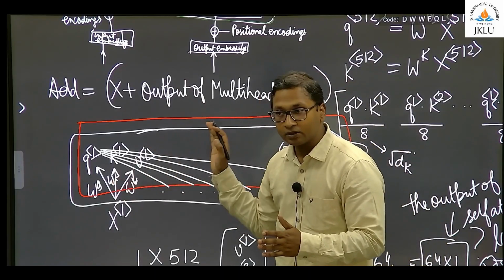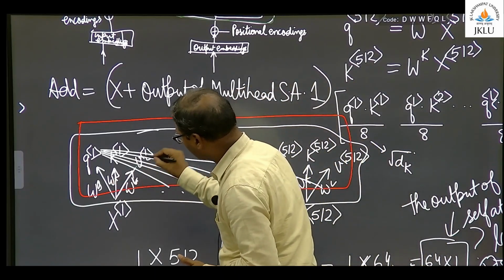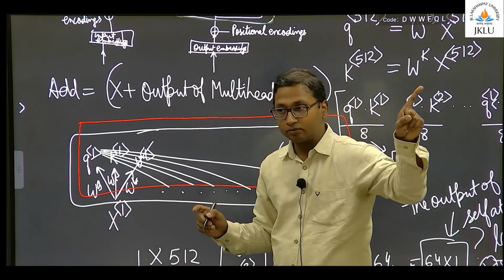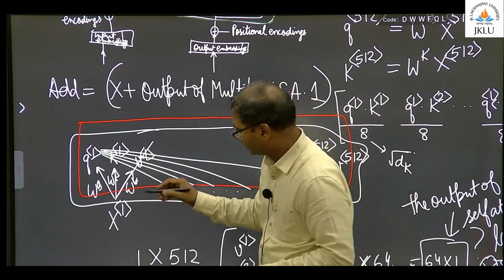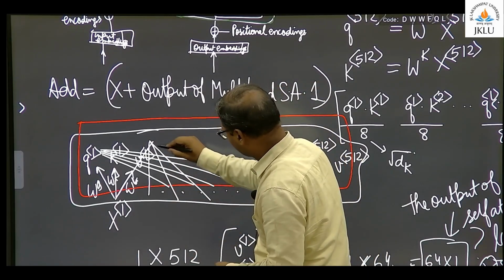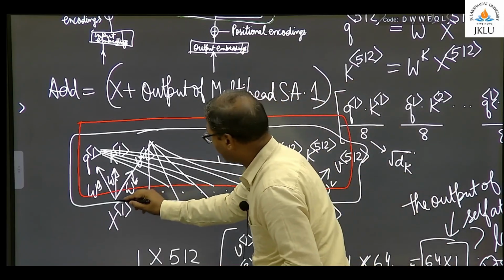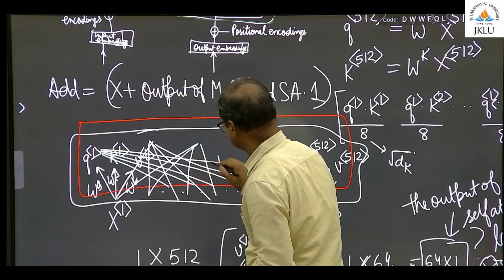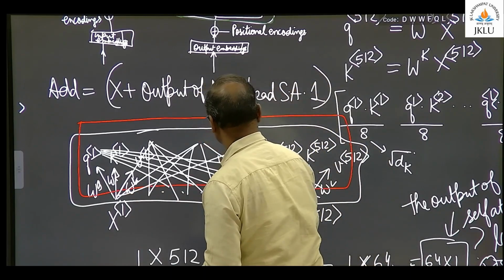What will you do for Q2? Q2 dot K1, Q2 dot K2, K3, K4. Similarly, and so on.